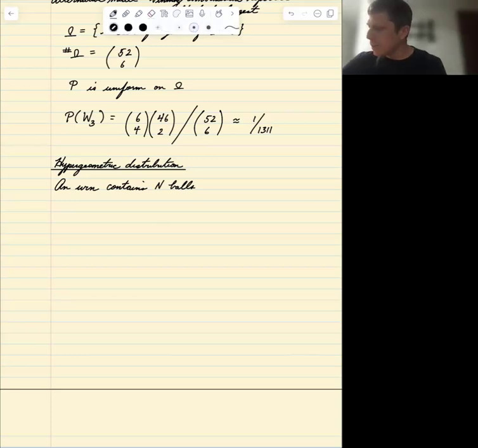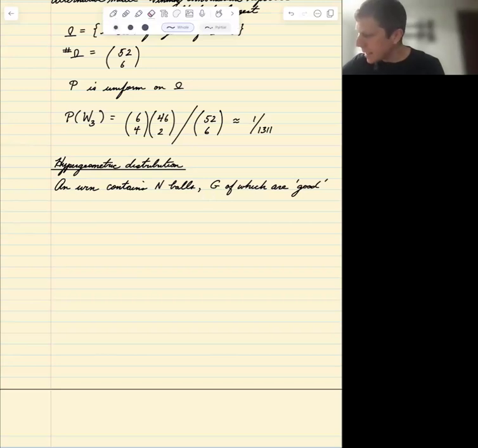And each ball has one of two categories. G are good, and B, but we define B as N minus G, are bad.